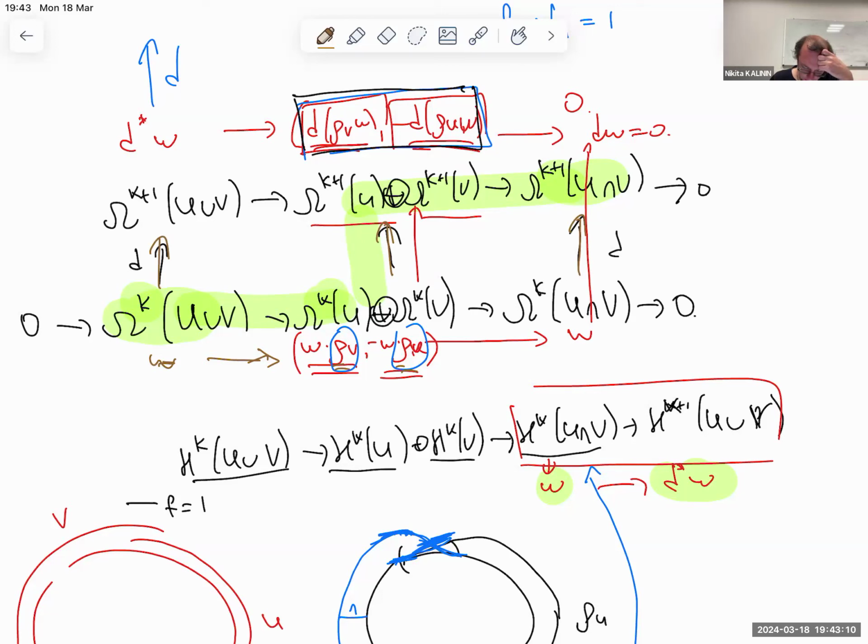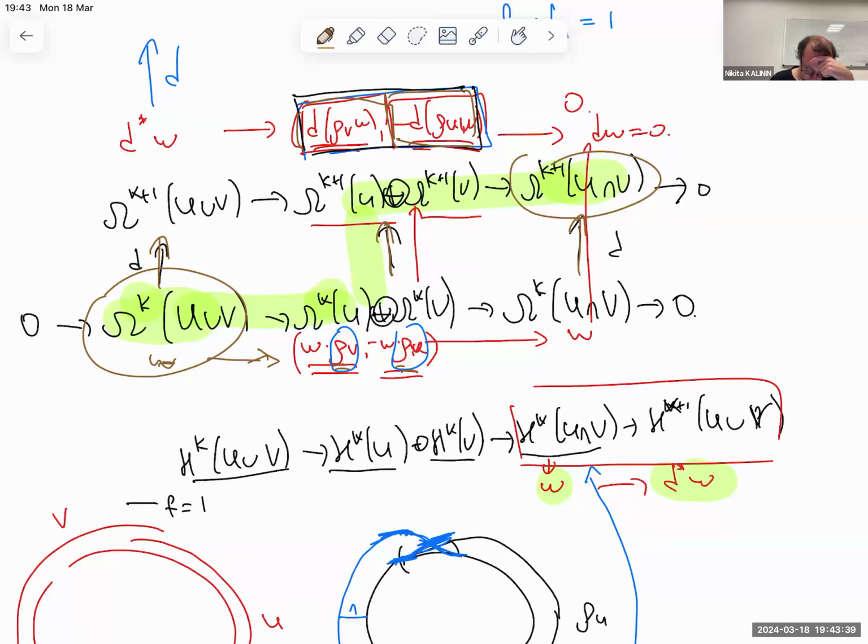And now I want to look at the map from here to here. And so what was that? I have a form on the intersection. I just consider the restriction, and I can take the differential.